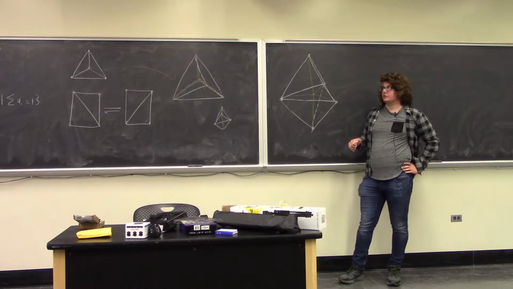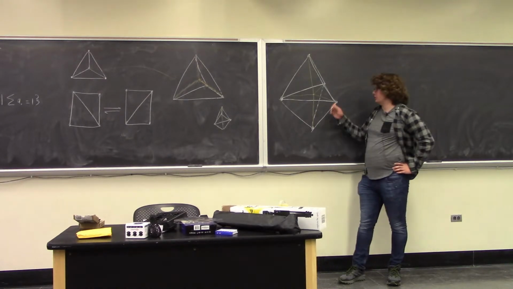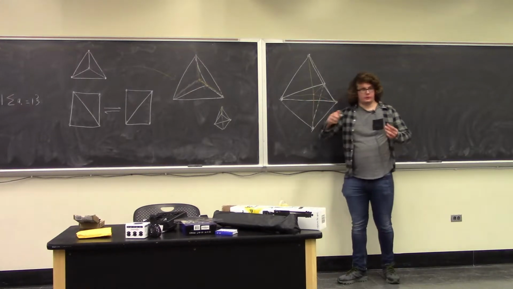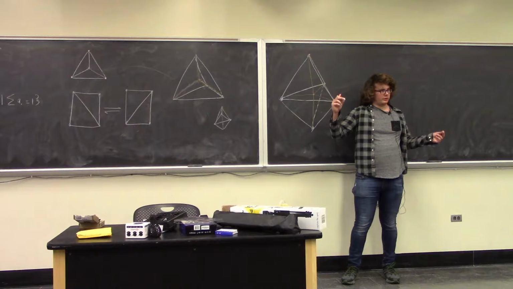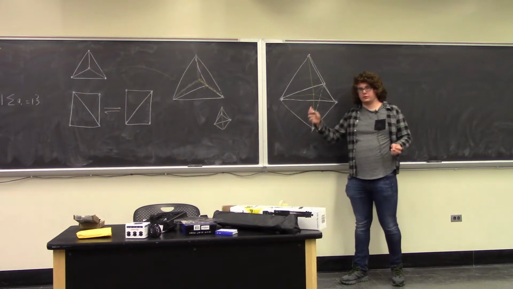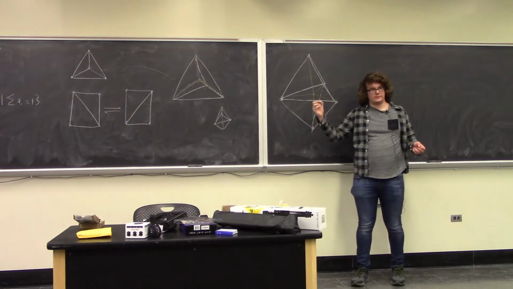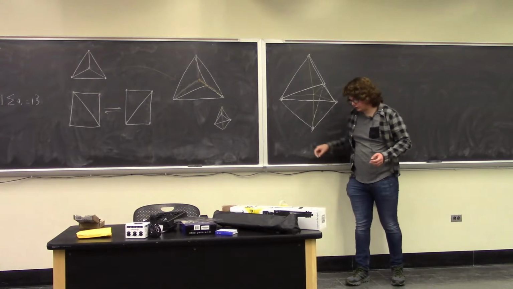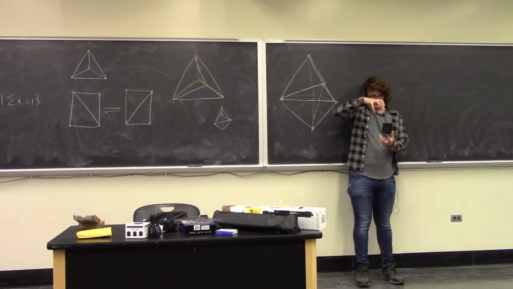Does everyone see why if we glue simplices at a face, there are always two vertices that don't intersect? Because if we're gluing them on the face, there's only one vertex which isn't in that face for each of them. So we have our two simplices like this.